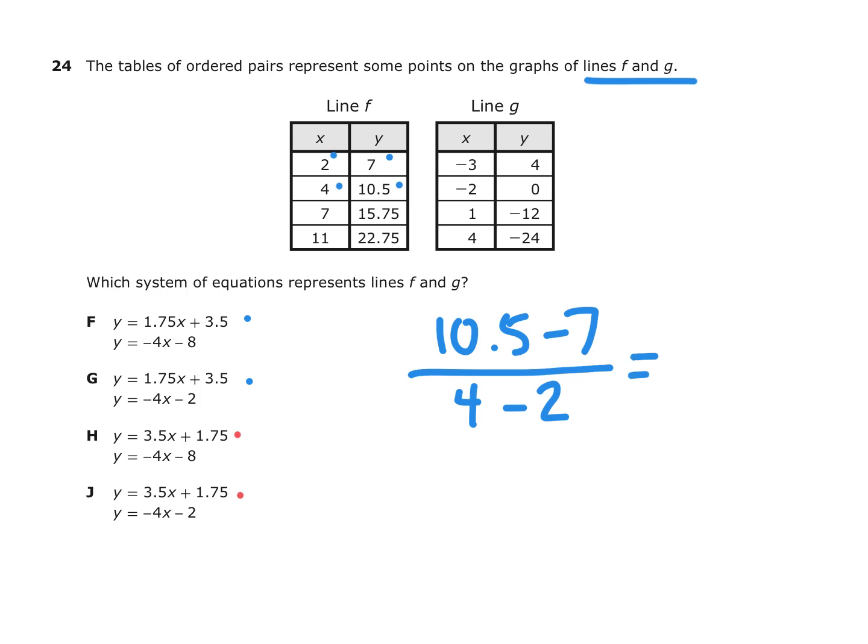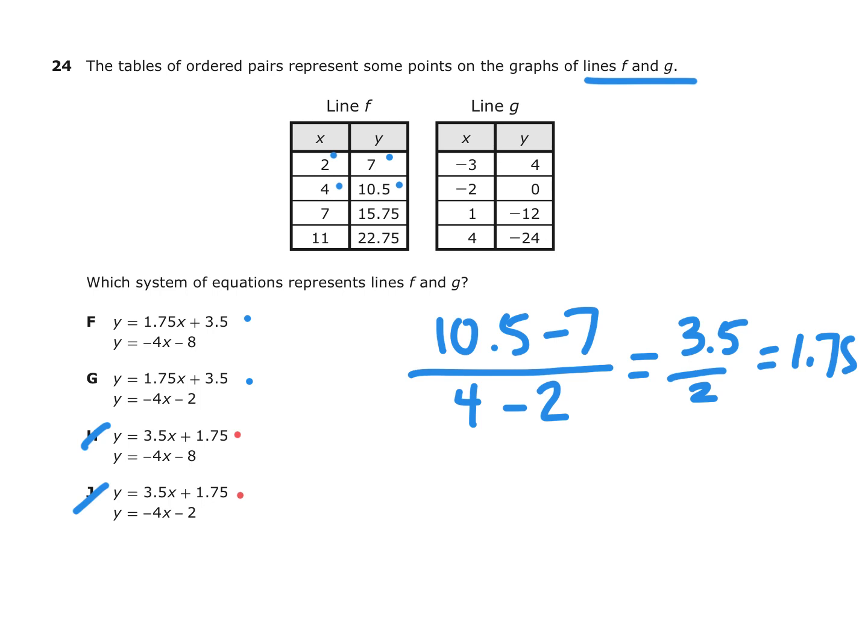And so the slope here is going to be 3.5 over 2, which is 1.75. So we know the slope for line F is 1.75. Okay, so that means it's either F or G. So we can now eliminate the last two answers, H and J, because we know the slope has to be 1.75.